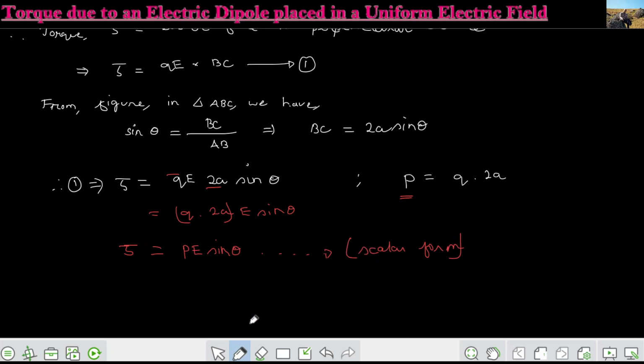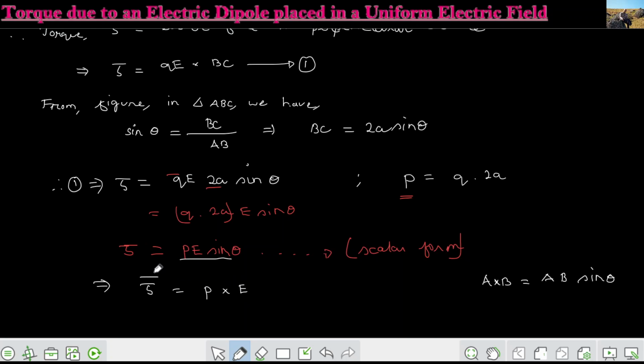We can also rewrite this in terms of its corresponding vector form. We know that this resembles the cross product formula. A cross B will be AB sine theta. It is the cross product of two vectors. So using that concept, we can write tau equals p cross E. It is the vector product.